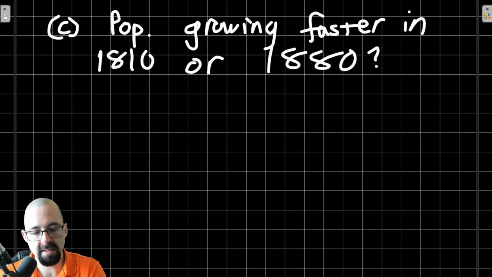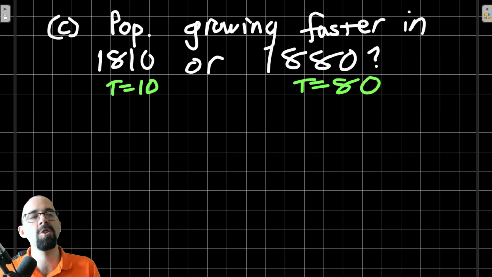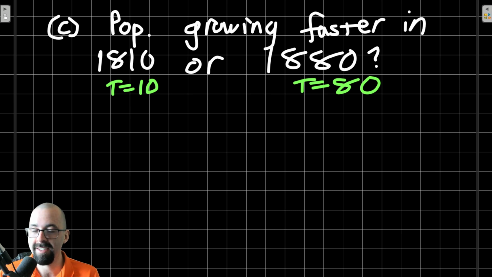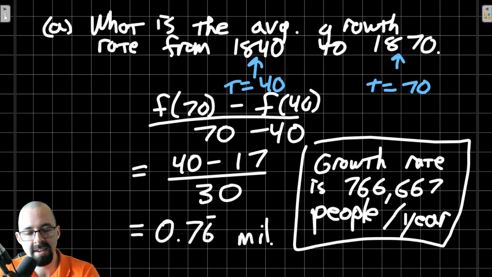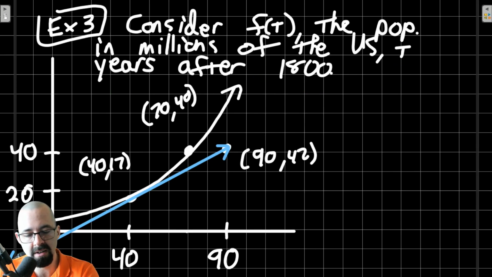And again, remember, 1810, that's t is equal to 10. In 1880, that's t equals 80. So is the population growing faster? Is the slope bigger? At which one? Let's look at the slope at 10 and at 80 and see which one's bigger.